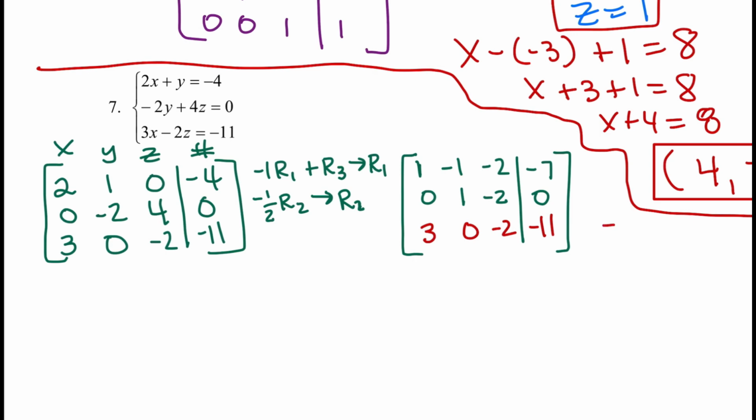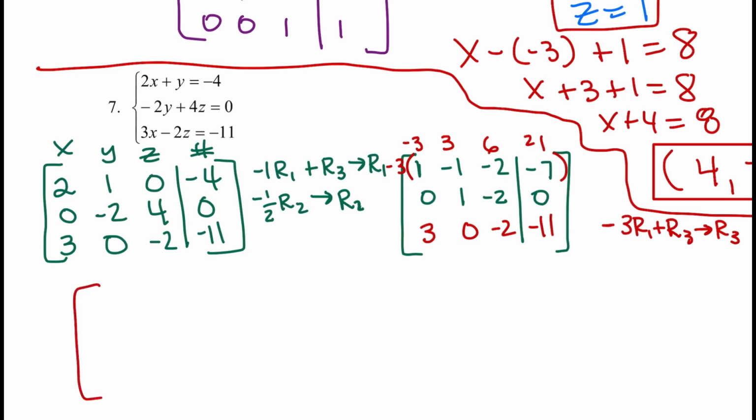So I'm going to take -3 times row 1 plus row 3, which gives me my new row 3. I'm going to have -3, 3, 6, and 21.